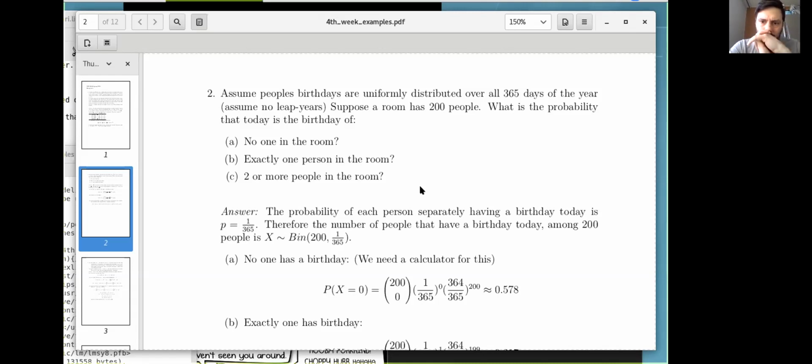However, that's just the expected value. The variance is very, very high, right? So on average, about what's that, 200 over 365? That's 0.6 people have the same birthday. Roughly, oh, let me just calculate that for you. I'm not very good at doing mental maths, by the way, as you've probably noticed.